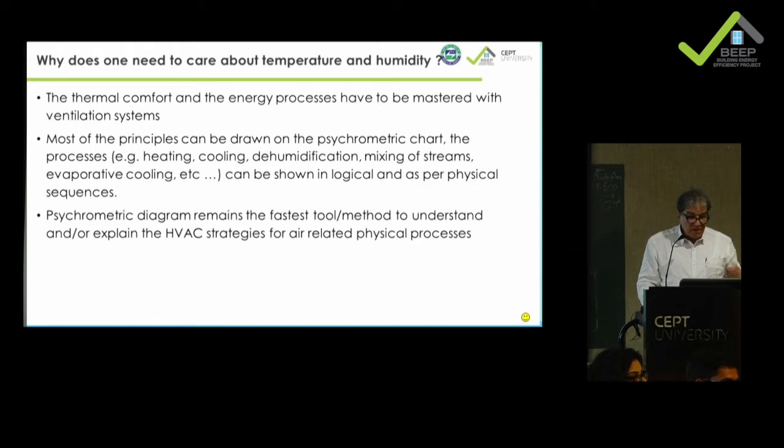So why do we have to take care about temperature and humidity? Of course, it's thermal comfort and energy related, because it's not just thermal comfort, but how you maintain it or how you derive from it. Many of these principles can be drawn on a psychrometric chart, and they are also quite logical when you show them on this chart. That means it's not so difficult to follow something on the concept level.